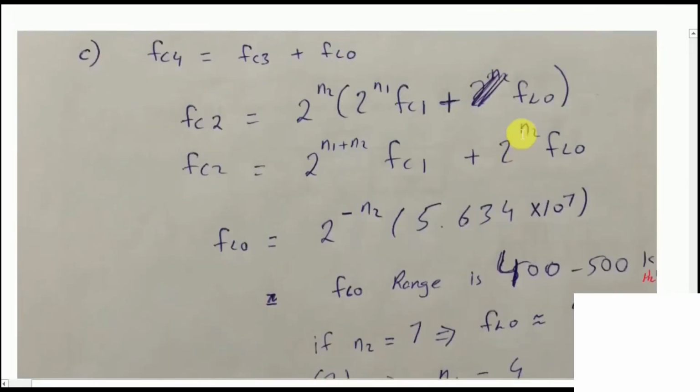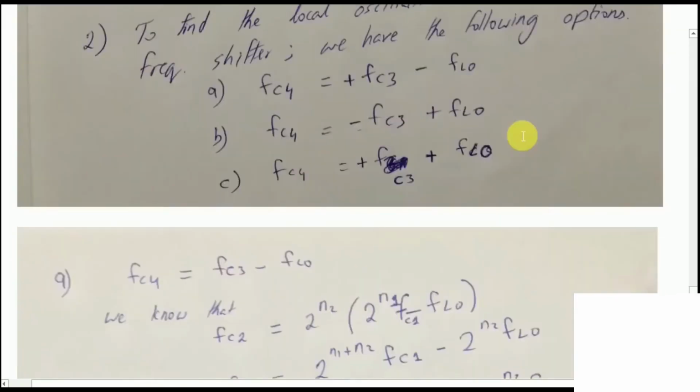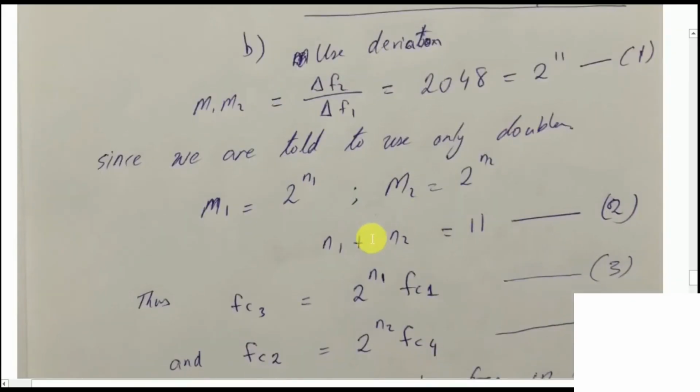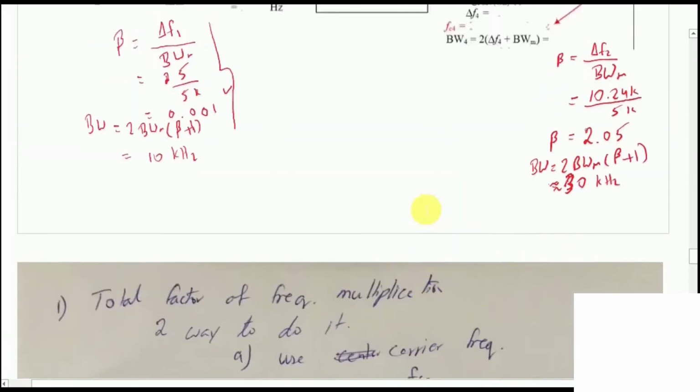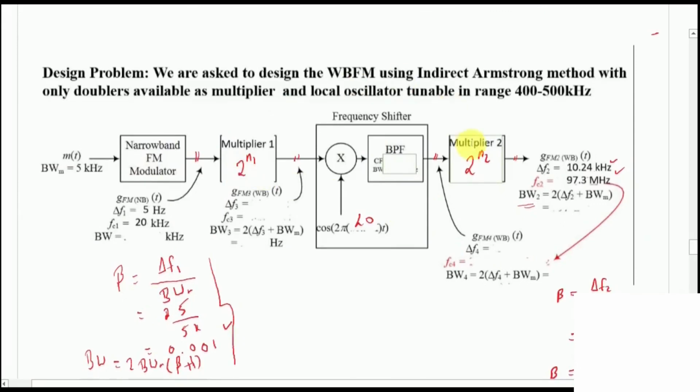Remember we said that n1 plus n2 is equal to 11, which was coming from over here. The combination of this and this, the overall number of multipliers is 11. So if this is equal to 7, that means this would be equal to 4, right?